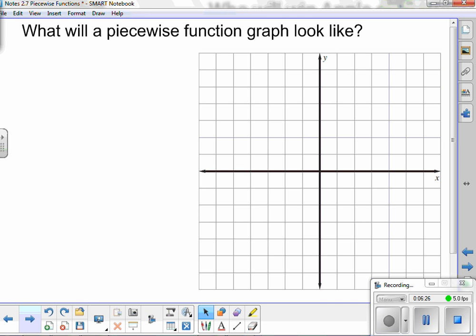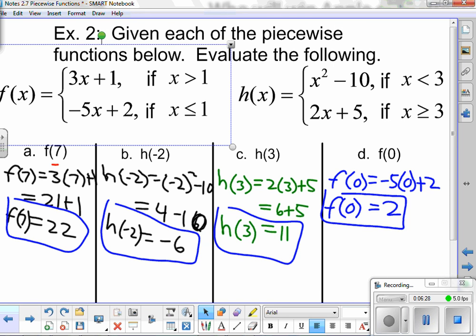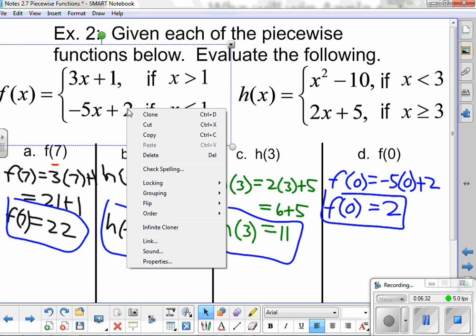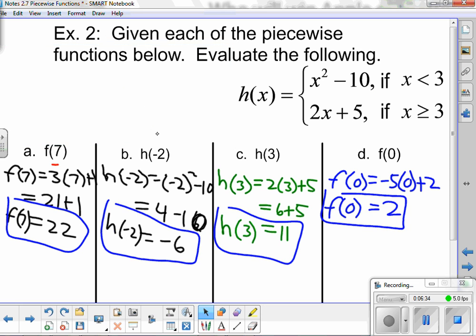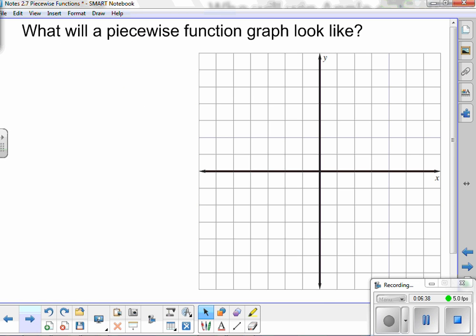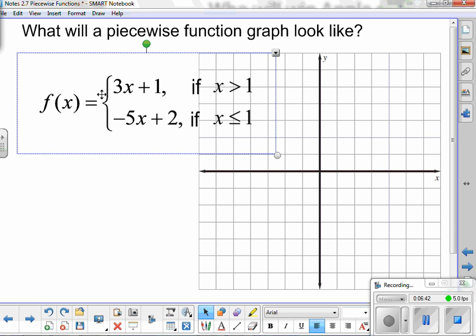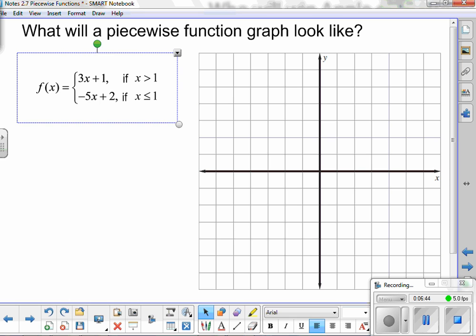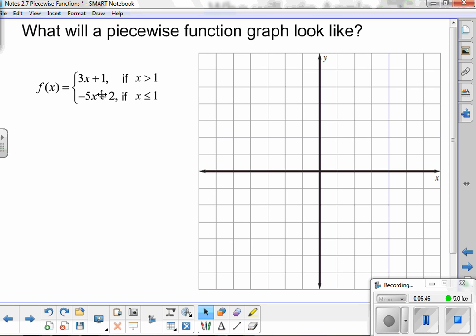Basically, hold on. Let me do this real quick. Cut. Wait. Whoops. Nope. Yeah. And I'll put this here and shrink it down. Okay. Here's what's going to happen. Now, if I look at the domain restriction part, that's this.